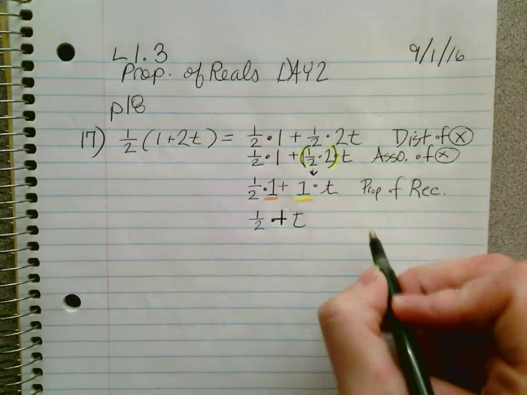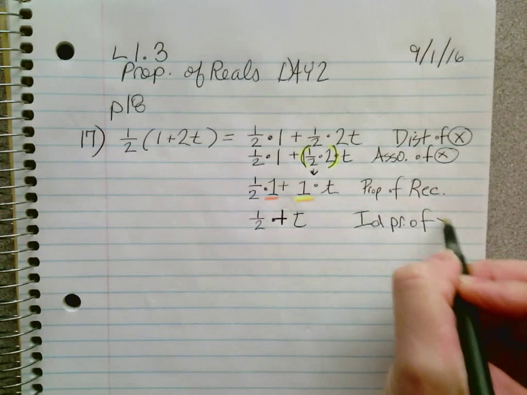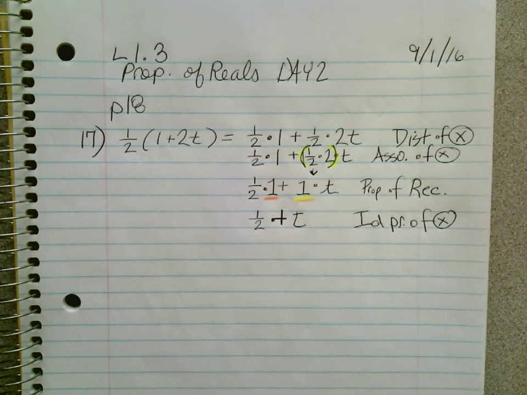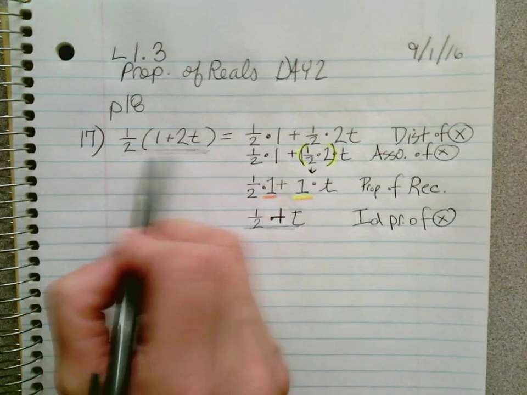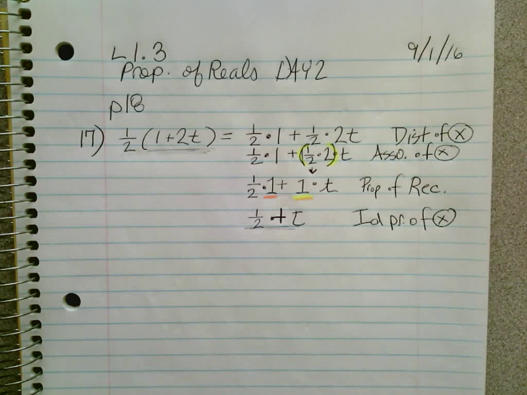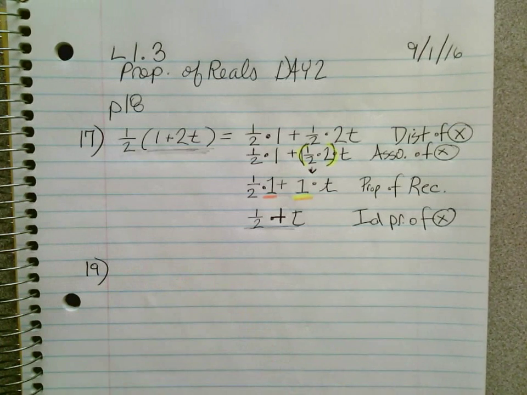Dead giveaway. The identity property of multiplication is your end result there. So for those reasons, we are able to prove that this is the same as that. If you're copying this and you think you're unclear, these answers are in the back of the book as well, so look at those later. But I'm going to keep moving.